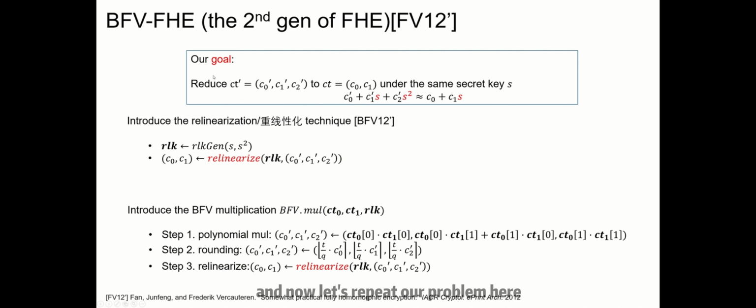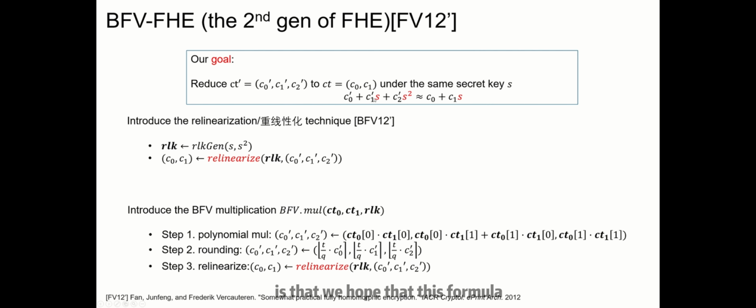Now let's restate our problem here. After we do the polynomial multiplication, we get a degree 2 polynomial. So the coefficients of the polynomial are C0 prime, C1 prime, and C2 prime. And we try to reduce the size to a normal degree 1 polynomial, C0 and C1, under the same secret key.